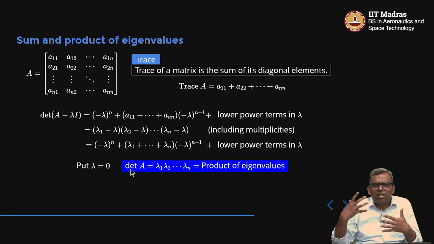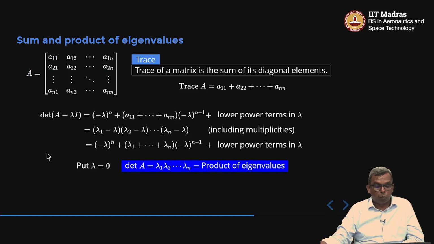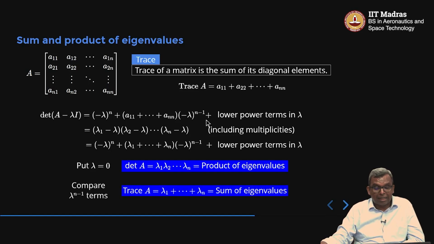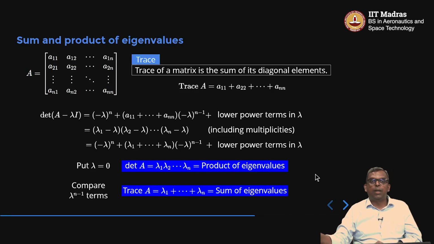So, a lot of ways in which you can tie up all these properties to derive useful results that we want. The other interesting thing is to compare the lambda power n minus 1 terms, of course minus lambda power n minus 1 terms, and that immediately tells you trace equals sum of the eigenvalues, right? Sum of the eigenvalues is the trace, product of the eigenvalues is the determinant. Okay. So, these are very useful properties to have.